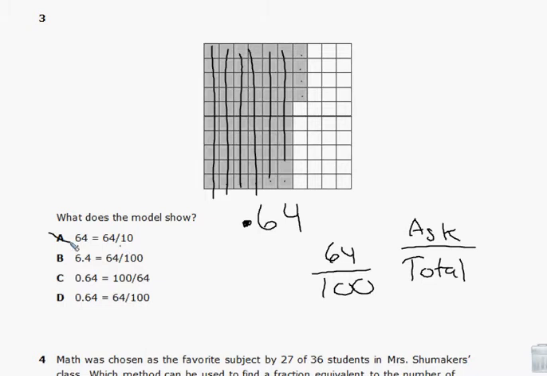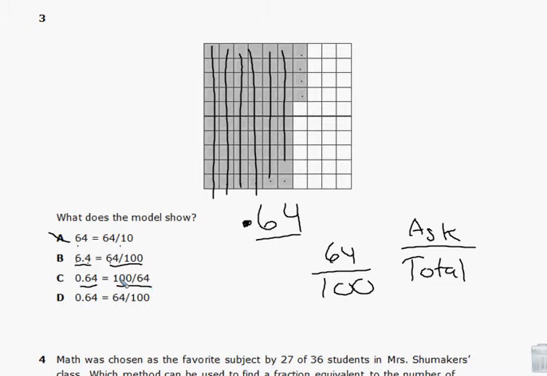This one I have 6 and 4 tenths and 64 hundredths. The 64 hundredths looks like it's correct, but 6 and 4 tenths is not correct. The next one, I have 64 hundredths, which matches that, but then I have 100/64.